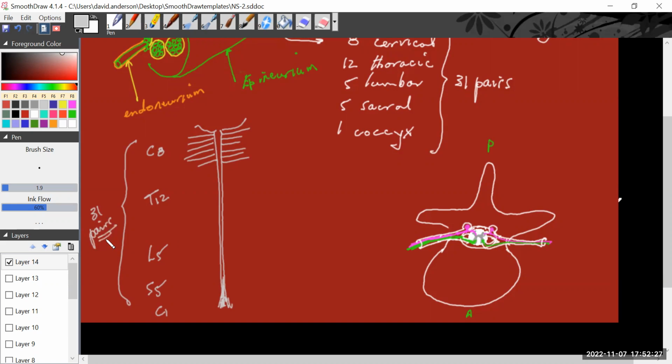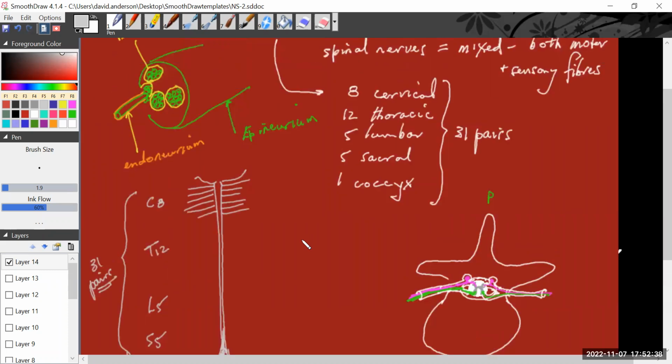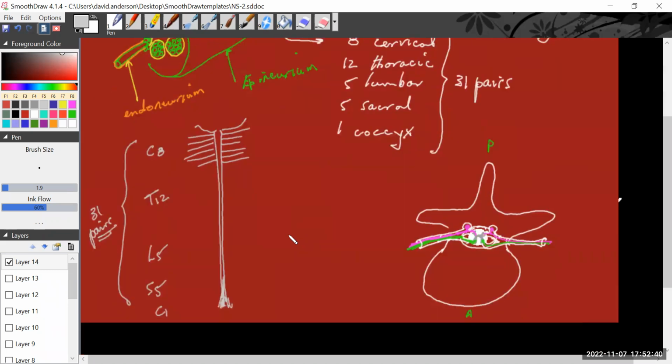We get it? We okay with that? Yes. Okay, so these represent the spinal nerves. Remember, we mentioned cranial nerves. There's 12 pairs of cranial nerves, 31 pairs of spinal nerves.